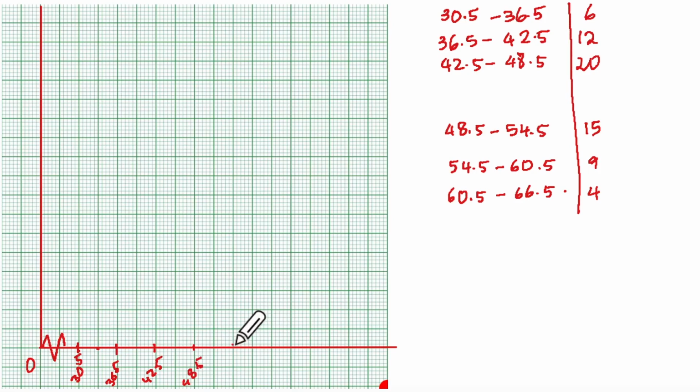I hope you all have your graph sheets with you. This will be 54.5, and next one is 60.5, and then this will be 66.5, and this is your x-axis. And here, oops, I forgot what it was.